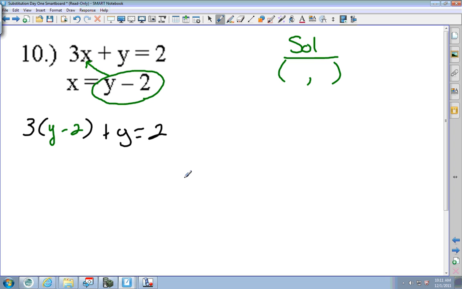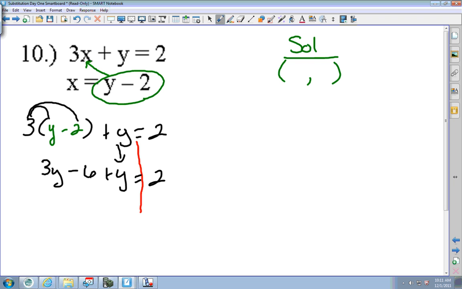Well, what do I need to do? I need to do the distributive property. 3 times y, 3y, 3 times negative 2, negative 6. Now, is this y inside the parentheses? No, so I'm just going to bring it down. Now, put your y's together.